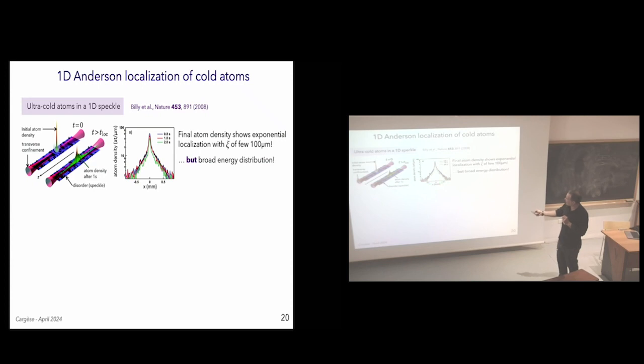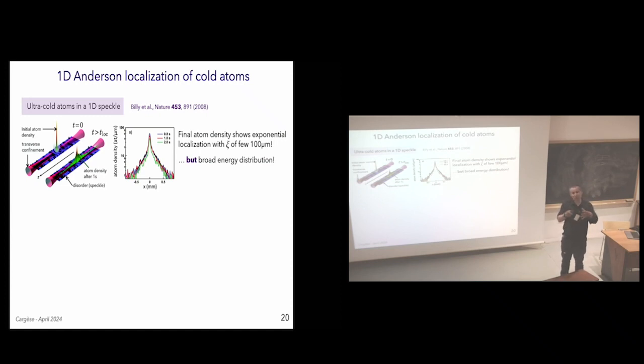If you look at the scale here, you see that you have 1 millimeter. So you have a Bose-Einstein condensate like this, which is extraordinarily big for a cold atom experiment. But there is one drawback in this experiment, and the drawback is that when you work with a Bose-Einstein condensate, you have not what you would call in this community a monochromatic wave.